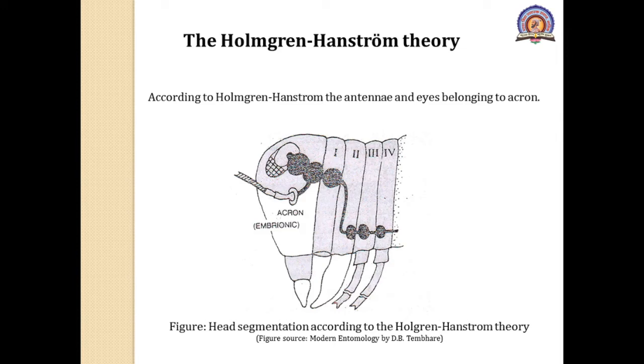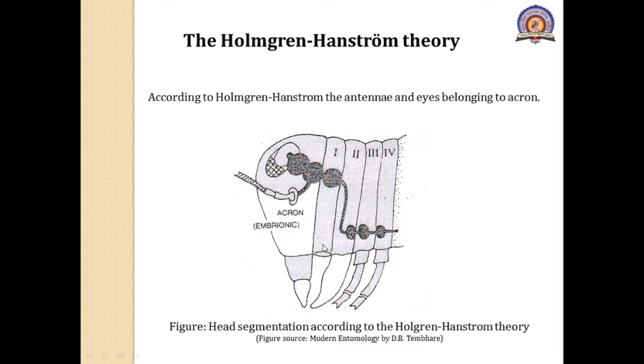So according to these workers, the intercalary segment is the first true segment with the tritocerebral part of the ganglion, and this theory maintains that the insect head is composed of the acron, which is not considered into the segments, followed by the segments. The first segment is known as the intercalary.